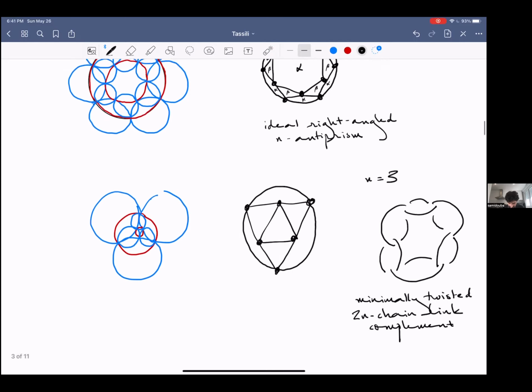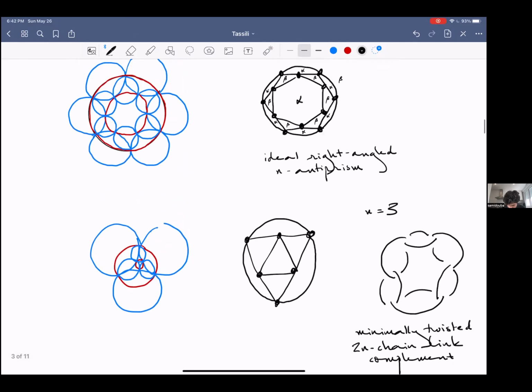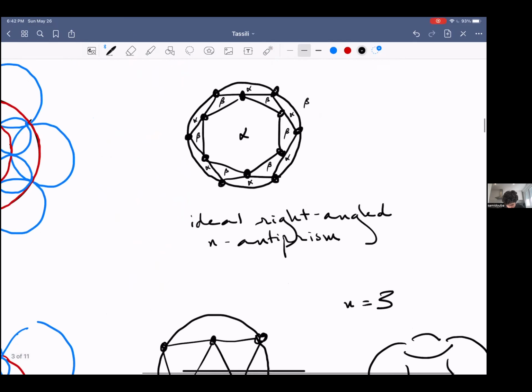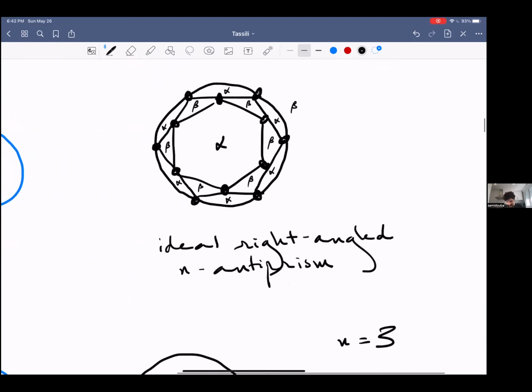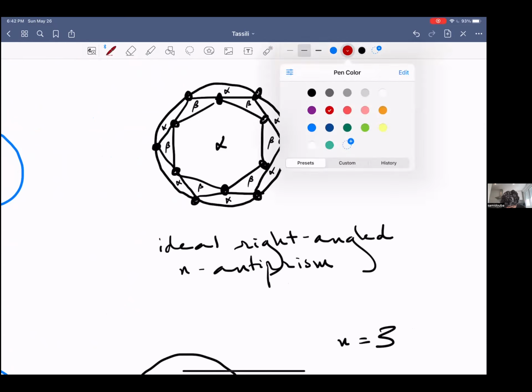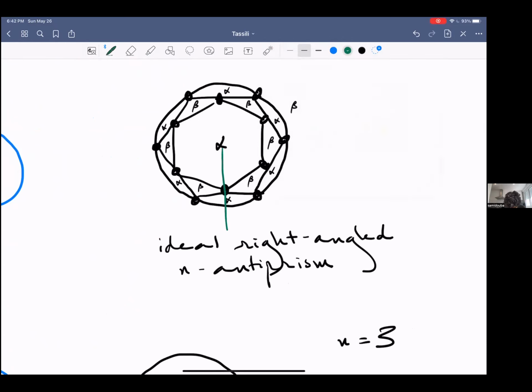The point is that you can take this polyhedron and divide it into, I guess, 2n pieces that each look like this.